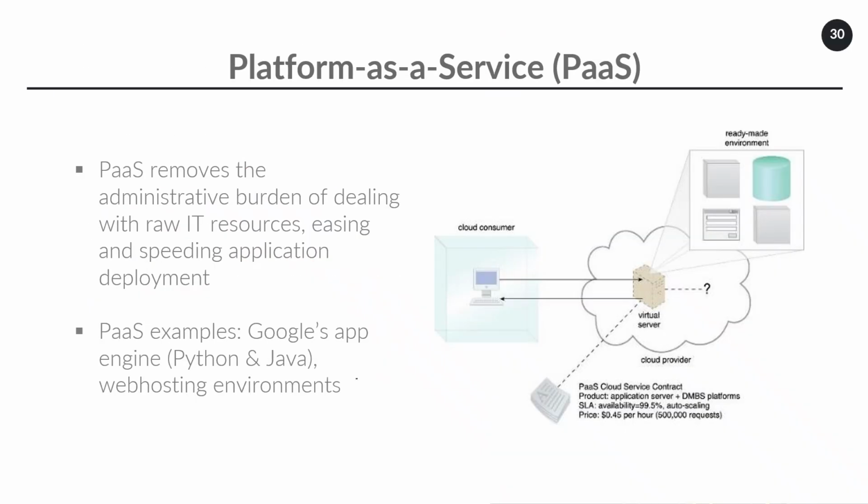Like I mentioned, differently from IaaS, with PaaS you as the cloud consumer don't have the administrative burden of dealing with all those IT resources, so the organization can focus on application deployment, development, etc. Some examples: Google's App Engine with Python and Java, for example, web hosting environments, and there are many others.